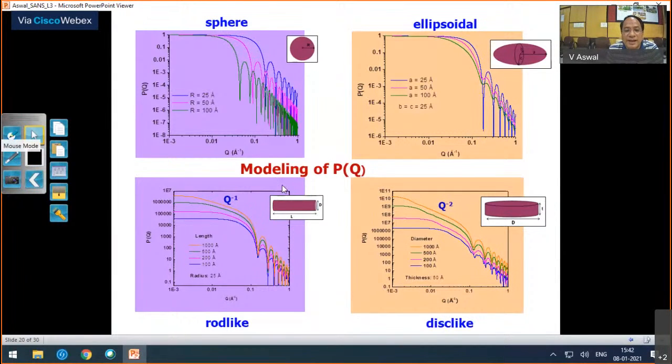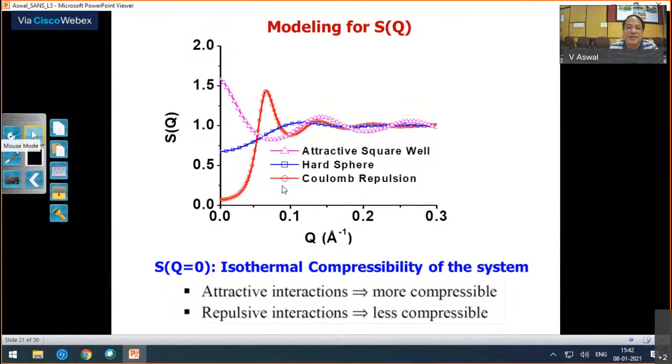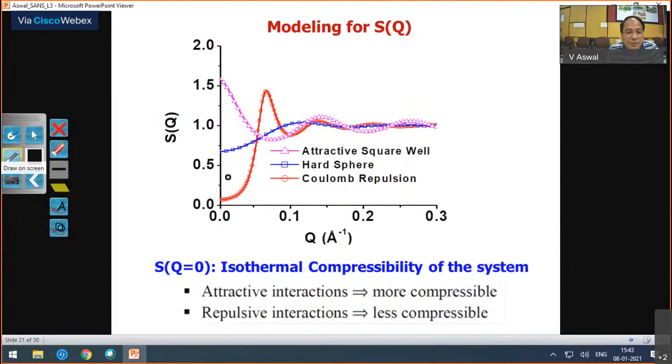And similarly for interaction, you can start by looking at the features in your measured scattering intensity, particularly as I had explained in the first lecture: if you have a strong repulsive interaction in the system, then your S of Q in the low Q region will be low. And when it is attractive, it is divergent, quite high.